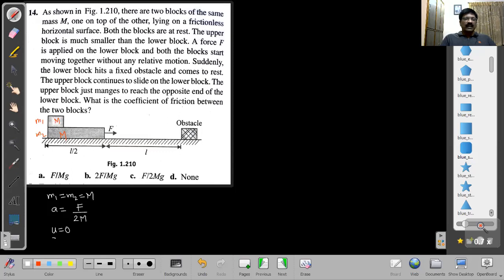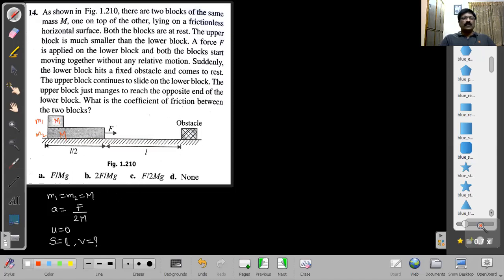Whenever the lower block travels a distance equal to L, immediately it strikes the obstacle. So before the lower block strikes the obstacle, the distance traveled is L. Then what is the velocity of the blocks? Velocity V is equal to question mark.